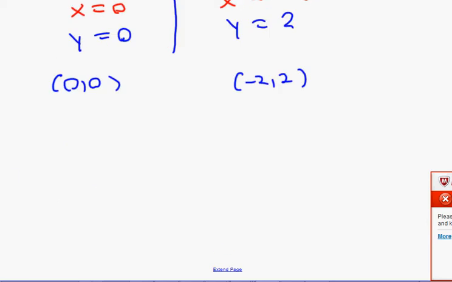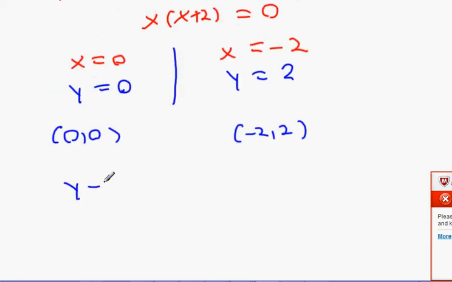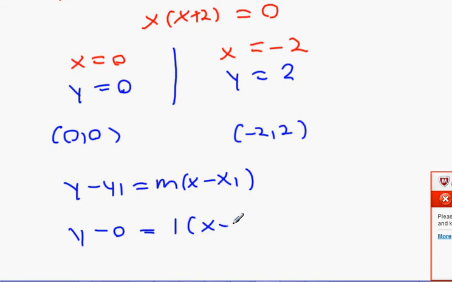Now guys, look at this. What we're then going to do is use our formula. The question says tangents, not tangent. Plural means I need two of them. So it's going to be y minus 0 equals, what's the slope? 1. x minus 0. This is the line y equals x.